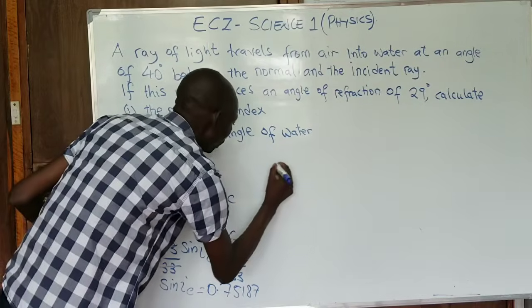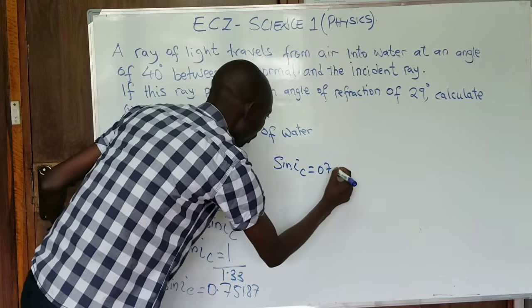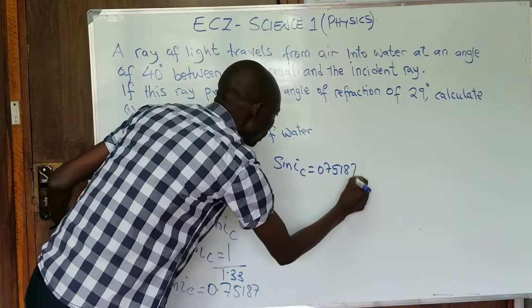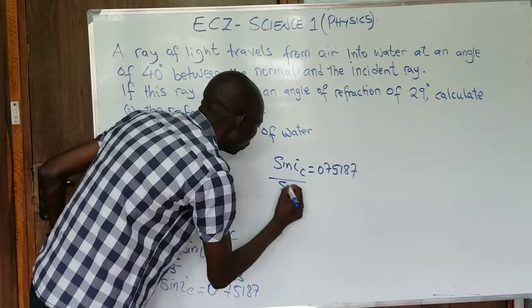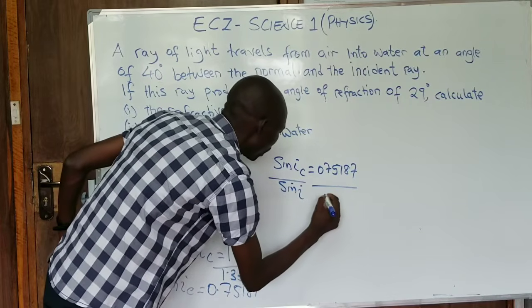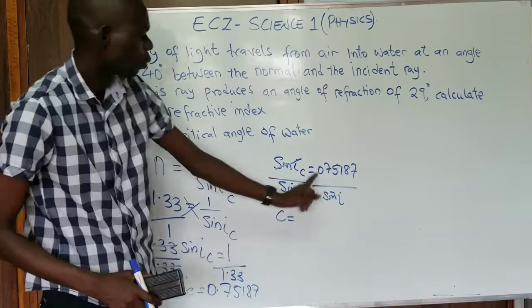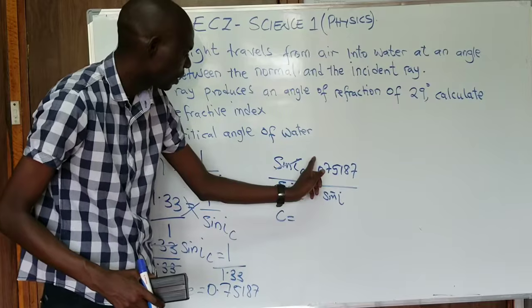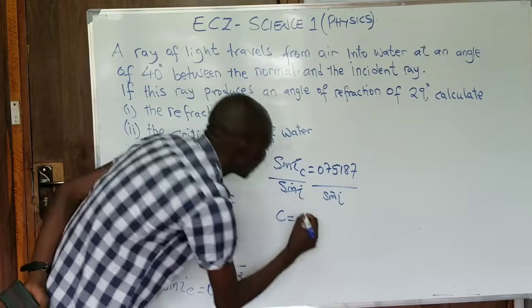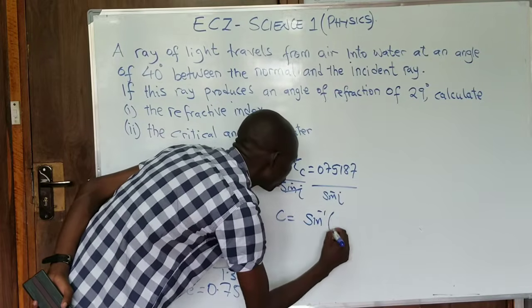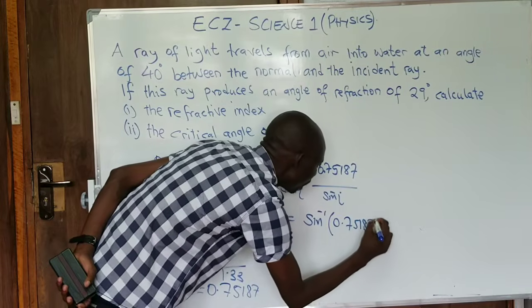So sine IC equals 0.75187, and IC equals sine inverse of 0.75187.